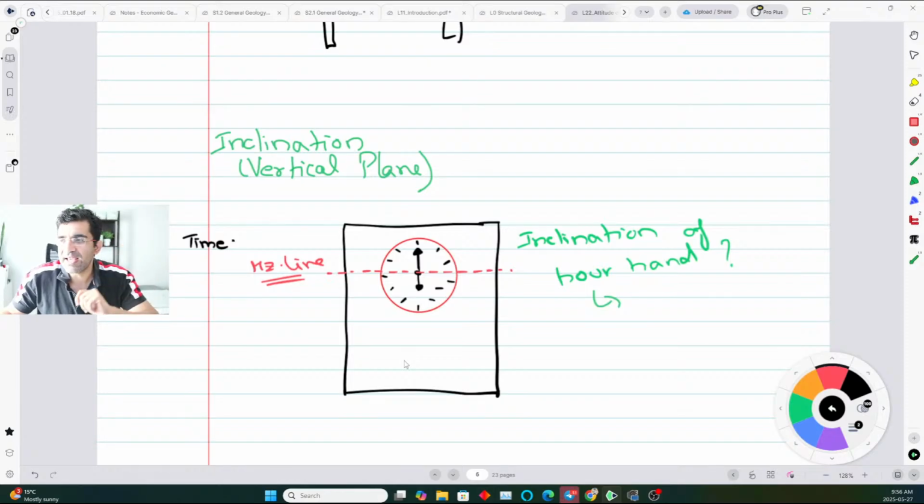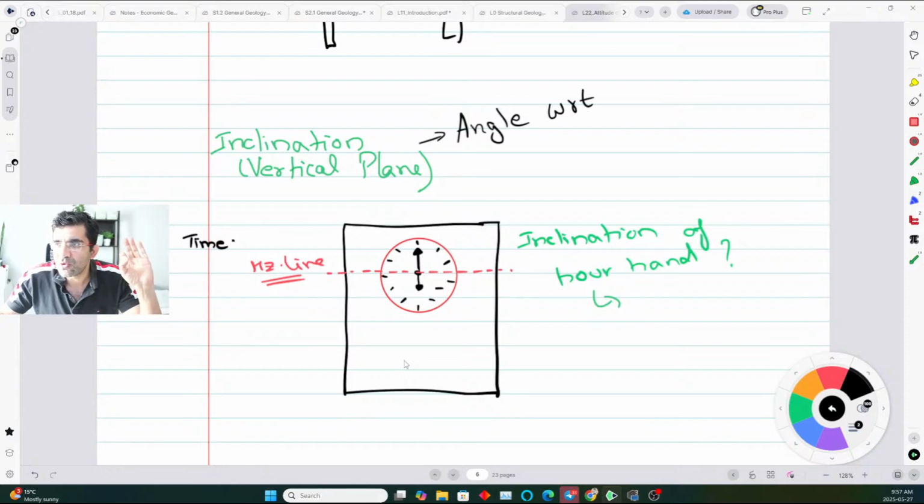Now tell me, what is the angle? What is the inclination? 90 degrees. Yes, it will be 90. So inclination is the angle with respect to horizontal, measured in a vertical plane.